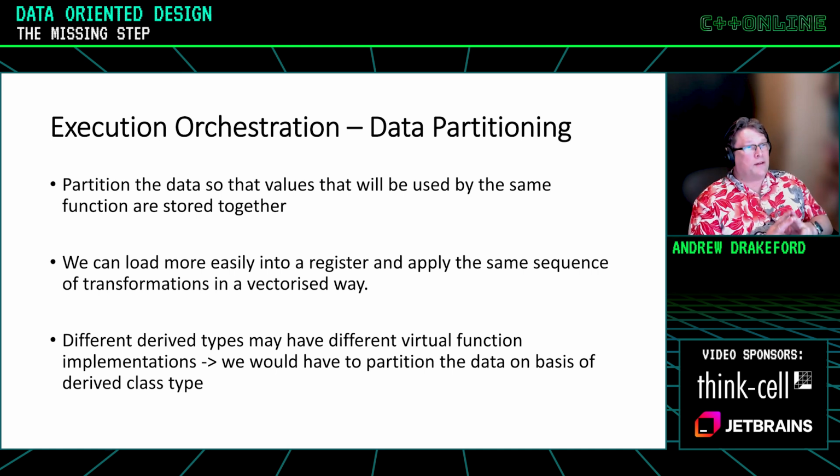We have to partition the data so that values that will be used together will be stored together. And when they're stored contiguously in an array like this, they can be loaded very, very efficiently.